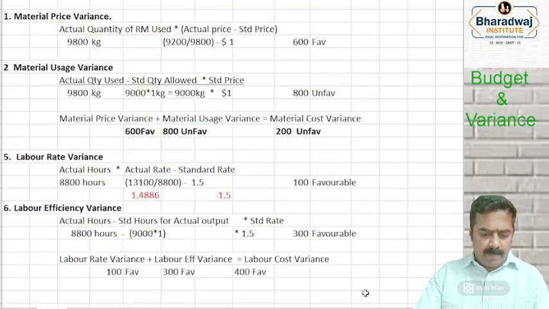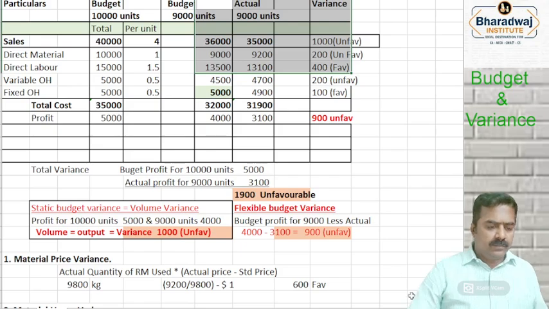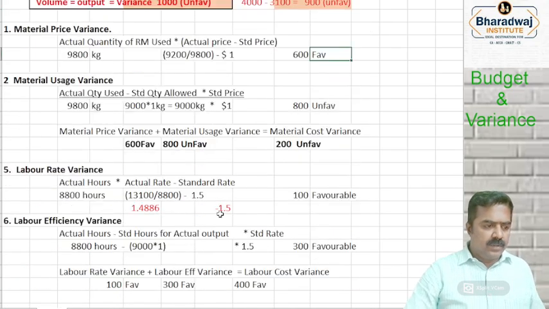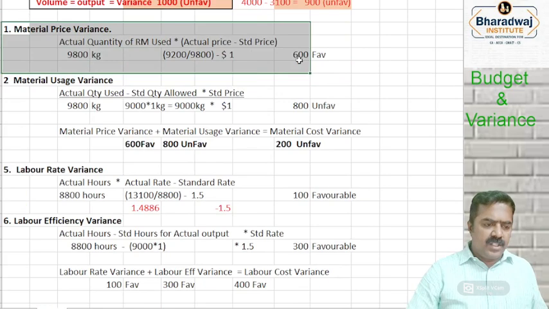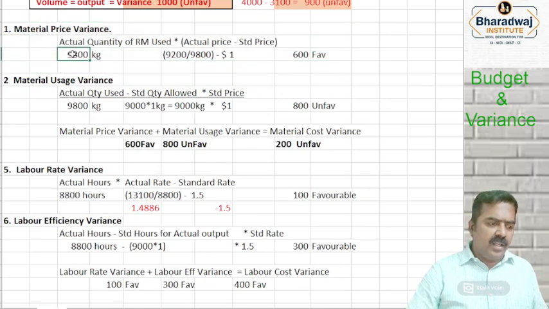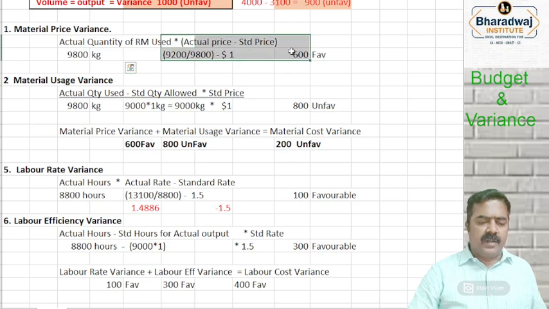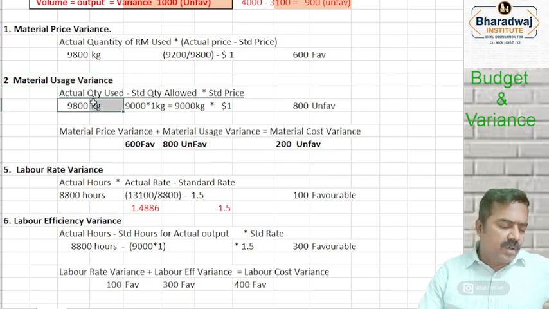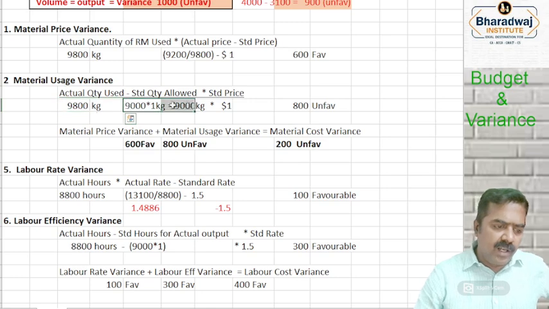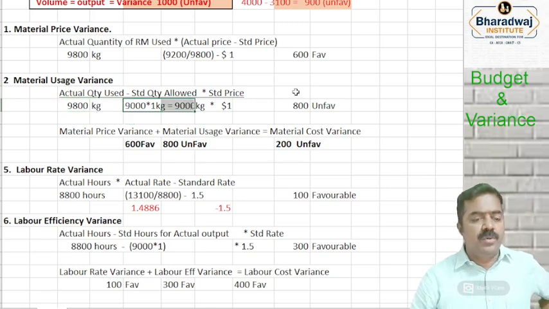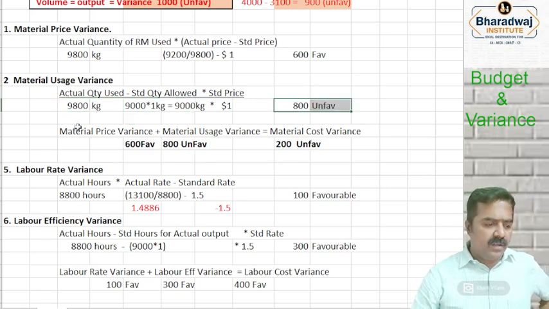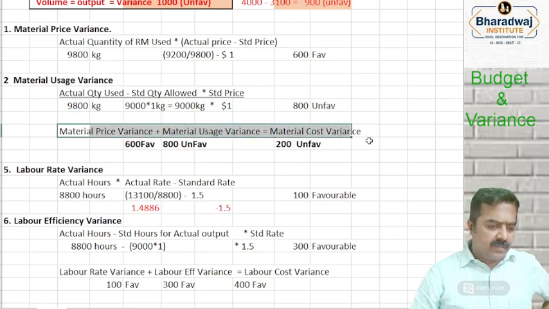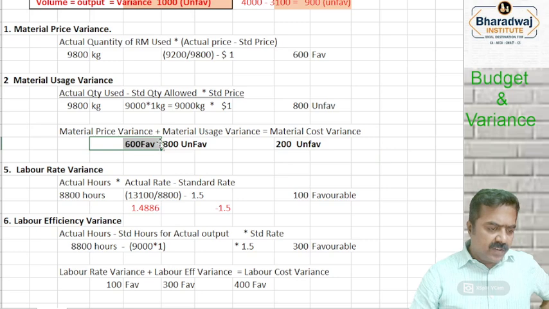So I repeat, price variance, actual quantity into actual price minus standard price, 600 favorable. Usage wise, actual quantity used is 9,800, allowed quantity is 9,000. We used more, so unfavorable. 600 favorable, 800 unfavorable. Now net unfavorable 200.